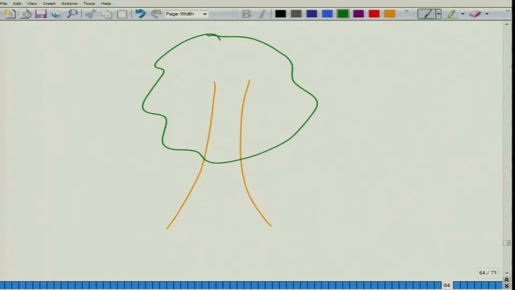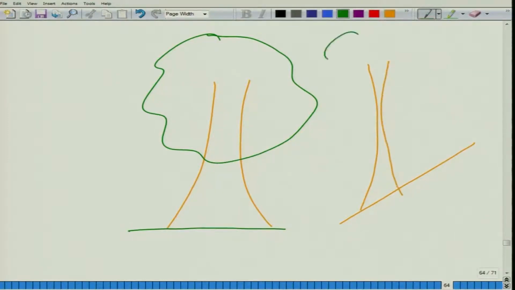But what would you do if this tree was standing on a sloping ground? So, this is for a straight ground. Suppose this tree were standing on a sloping ground like this. If this were your tree, now how do you calculate your 1.37 meters?